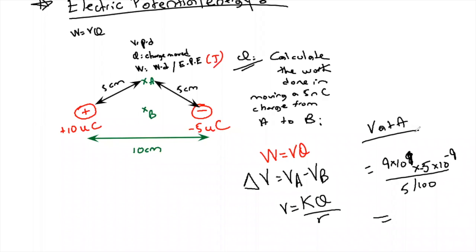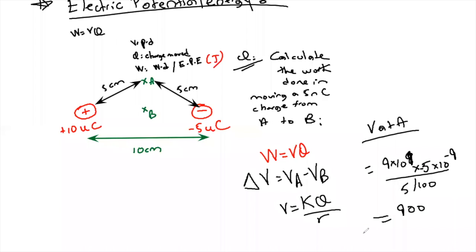This is potential at A due to this charge. Come on, guys. What's the answer over here? All right, thanks. So this is 900, and this is the potential due to this charge.